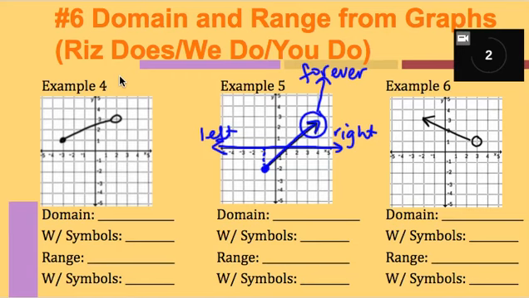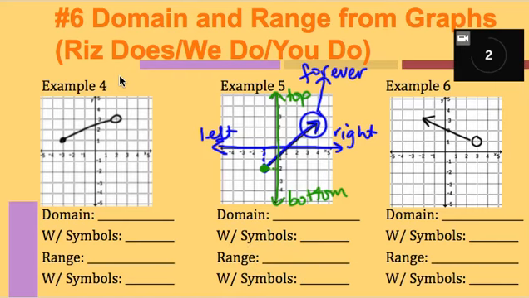This next part, I'm going to be, again, talking about my y-axis. So from the bottom all the way to the top. Okay, so the lowest point that I see is right here, which is at -2. So it's from -2. So let's write this a different way.